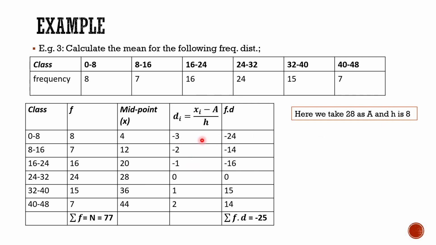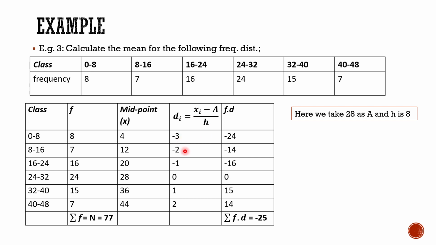So if we calculate for this class interval, the di would be xi, here 4, minus 28, that is minus 24, and dividing it by h, that is 8. So minus 24 divided by 8 is actually minus 3.